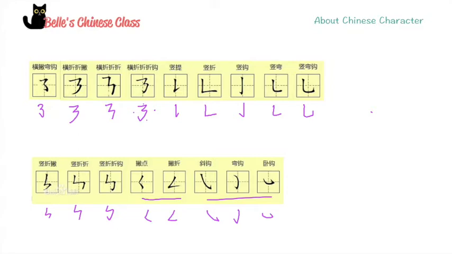Okay, so far we've learned strokes that compose all the Chinese characters. So next time, whenever you see a Chinese character, try to disassemble it into these strokes, and you will see they are actually very simple. Well, probably you still feel like this is too complicated for you, but you really don't need to worry about the complexity. You know what?